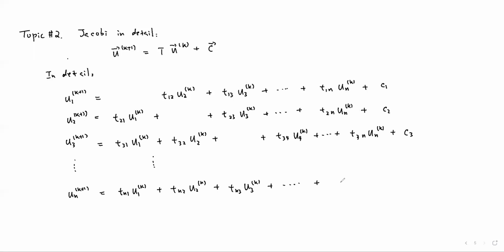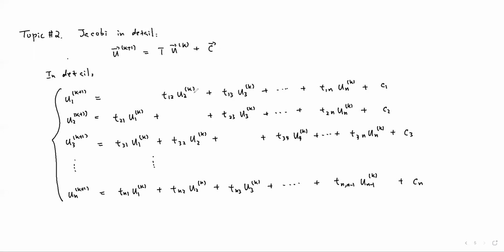So the last term should be TN,N minus 1, UN minus 1. Okay. And then plus CN. Yeah, Jacobi method in detail.